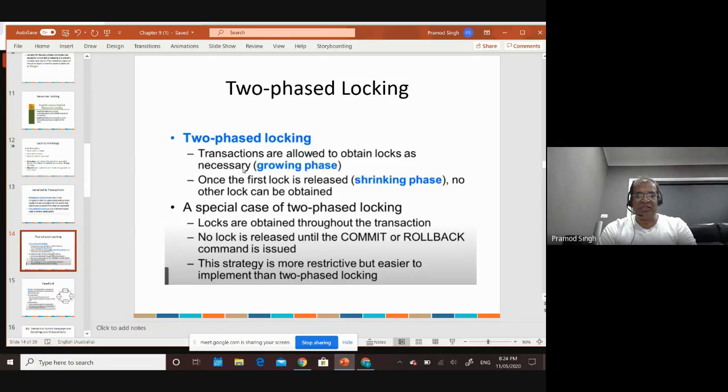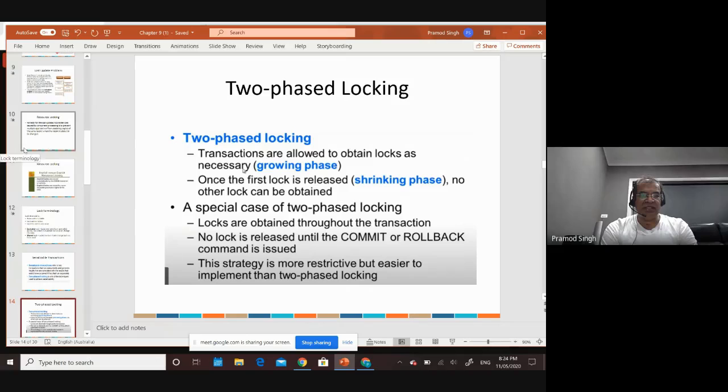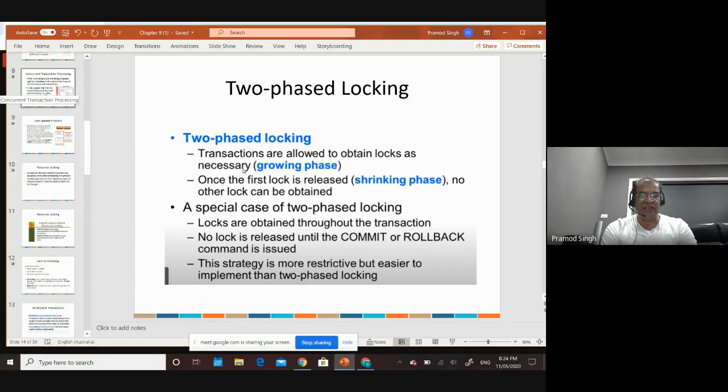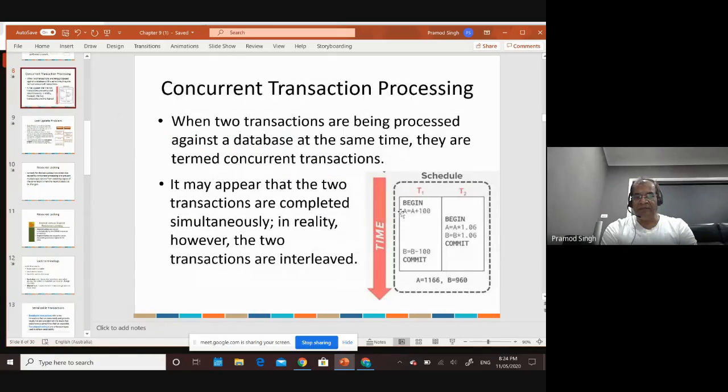So in the previous slide, slide 8, which we saw, the transaction T1 is doing two activities. One, it's adding $100 in record A, and it's deducting $100 from record B. So these two statements are going to be processed.